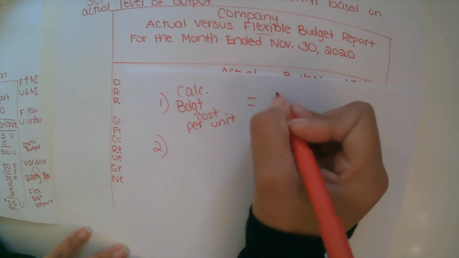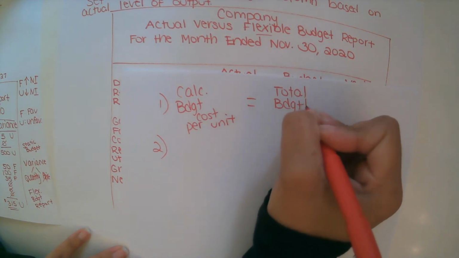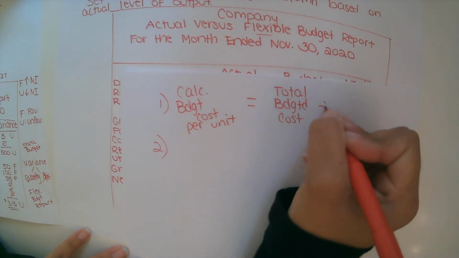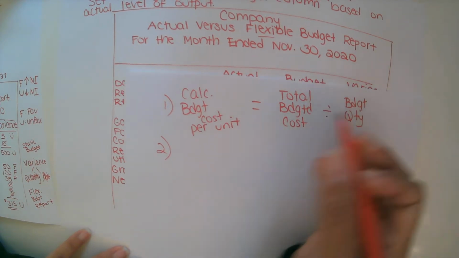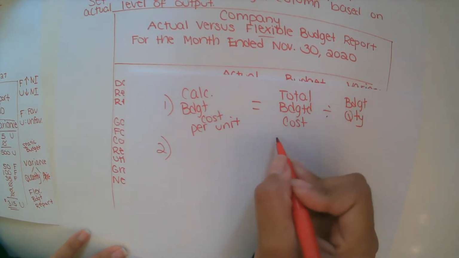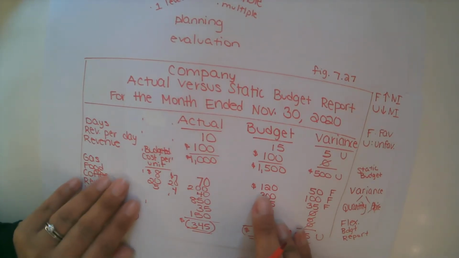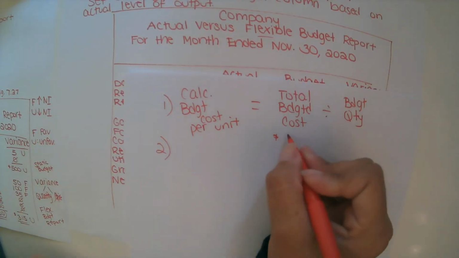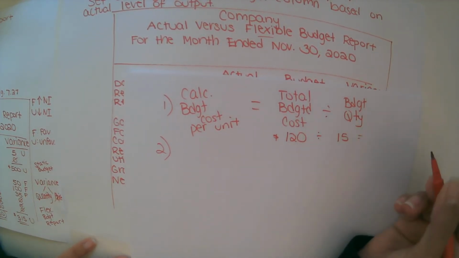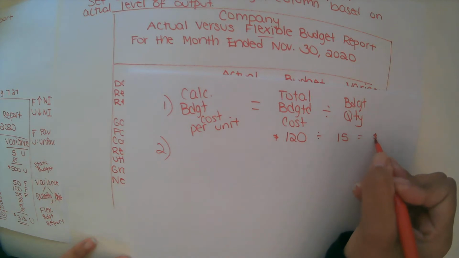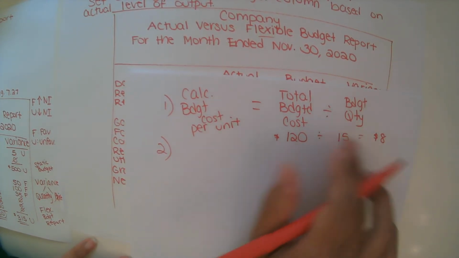To get that, you take your total budgeted cost and divide by your budgeted quantity. In this example, for gas, 120 divided by 15 gives us a cost per unit of 8. In most of the examples you'll see, you're going to have to calculate that.